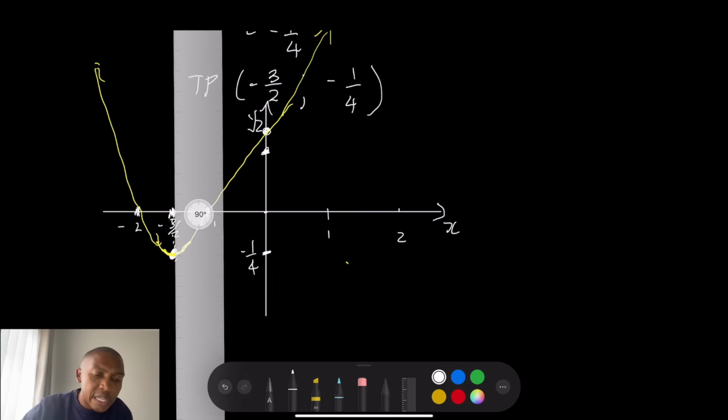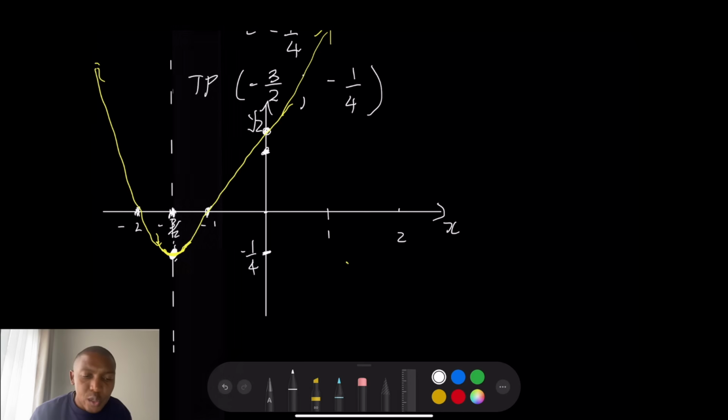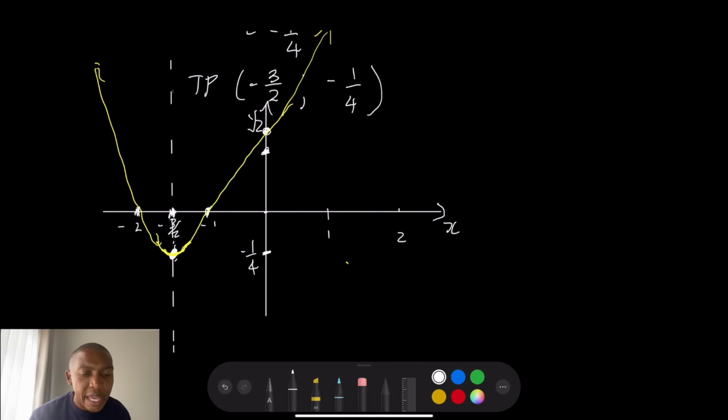The reason for that is that our axis of symmetry cuts the graph into two equal parts. So meaning, if I go in that direction, and also going that way, it would be the same distance.